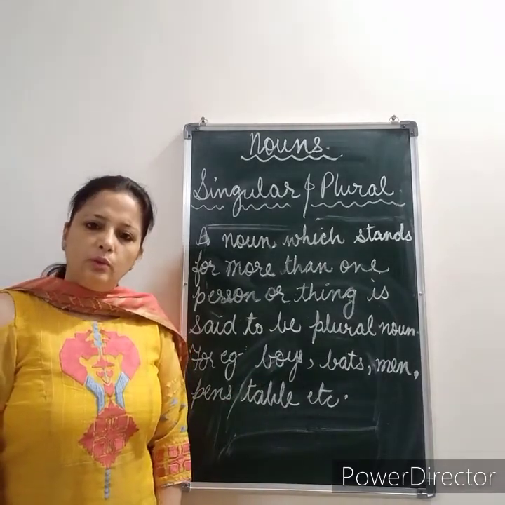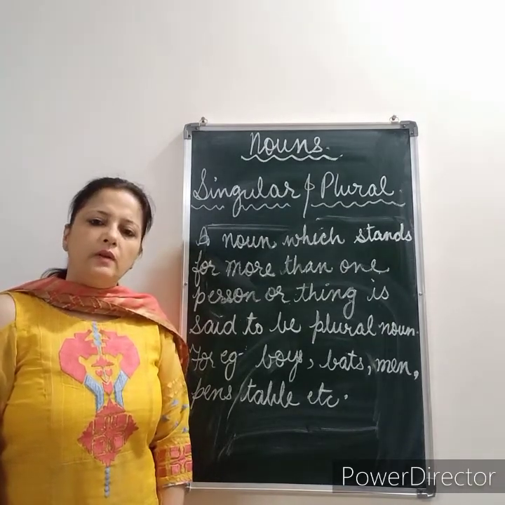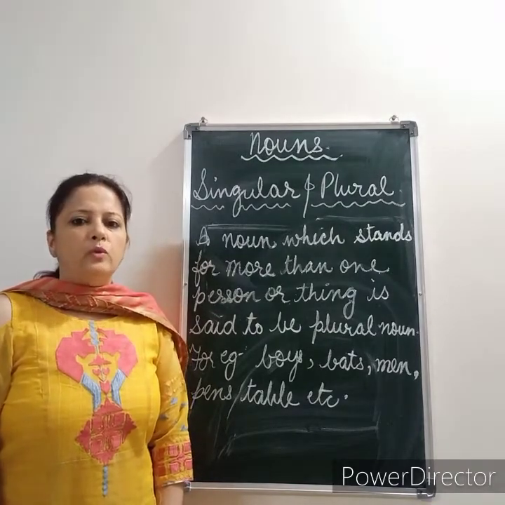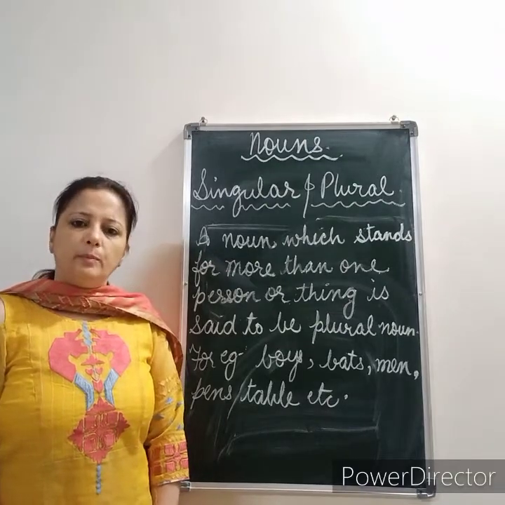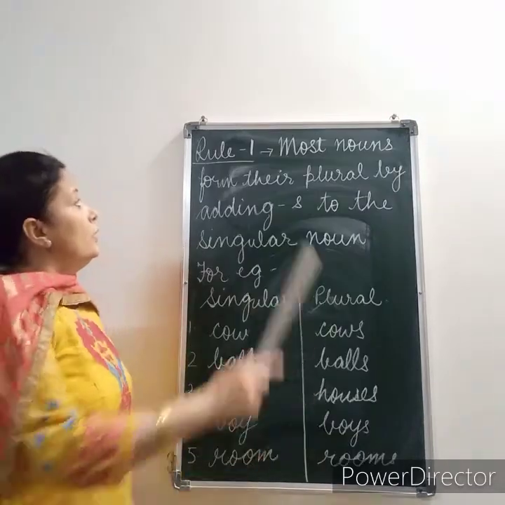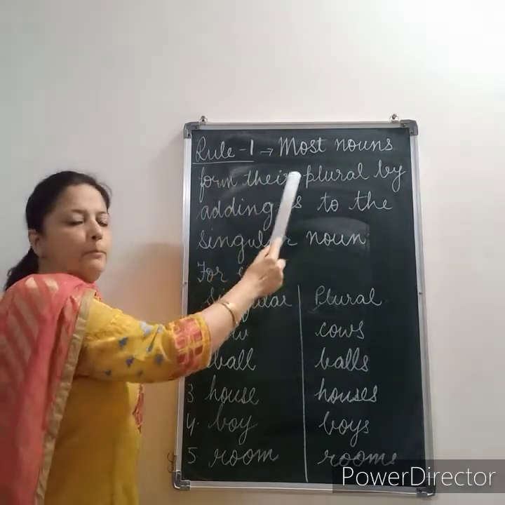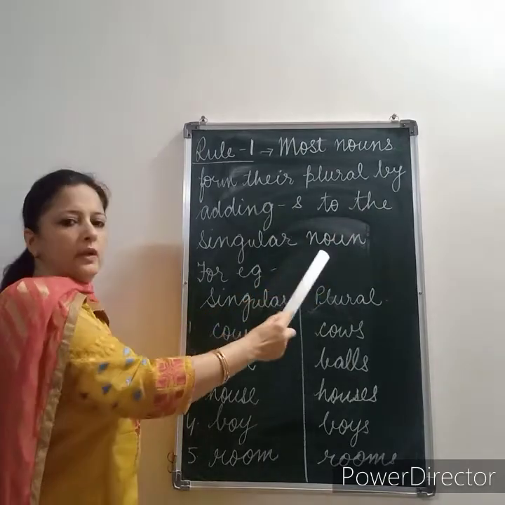Students, you should know that there are different rules and different ways of changing the singular noun into the plural noun. And now we are going to learn all the rules of changing the singular noun to the plural noun. Rule number 1. Most nouns form their plurals by simply adding s to the singular noun.